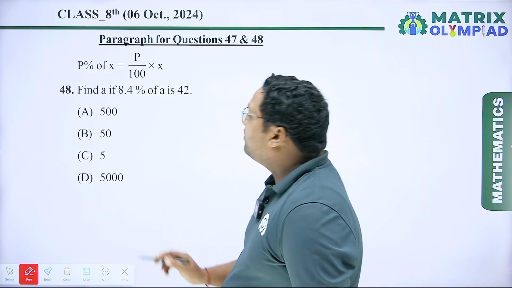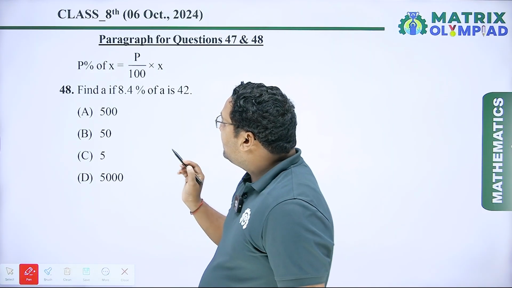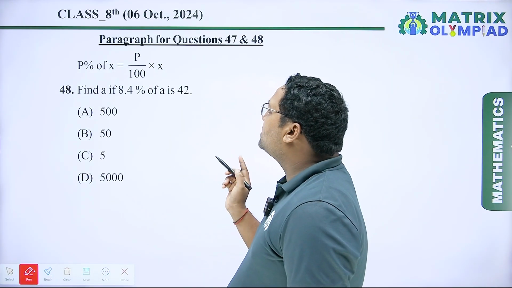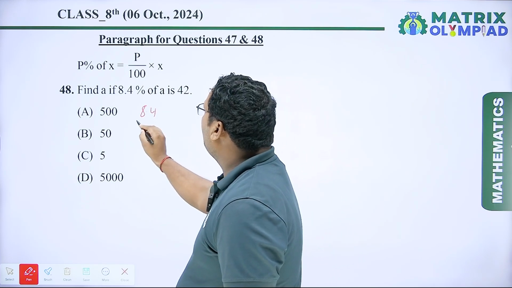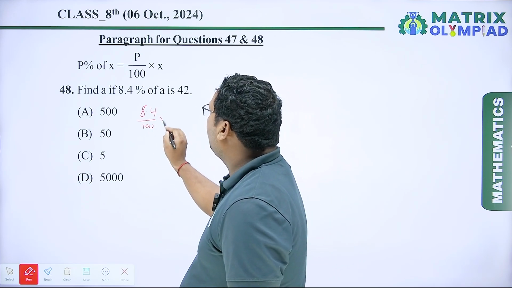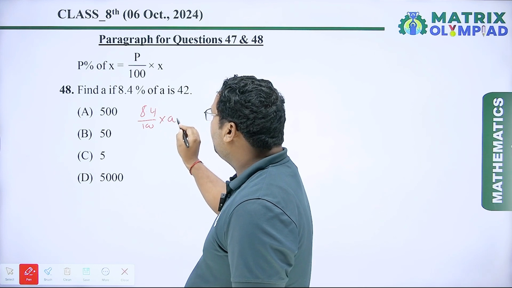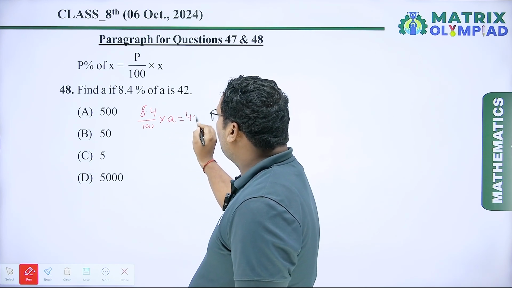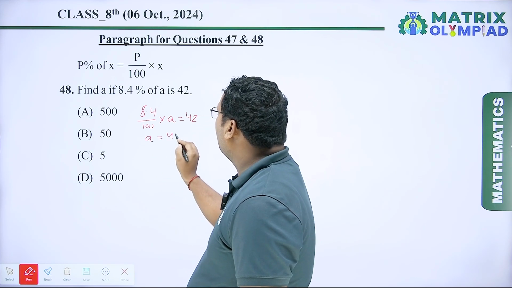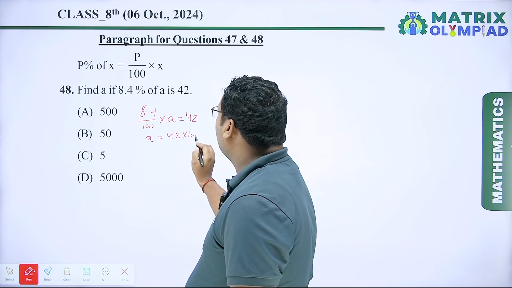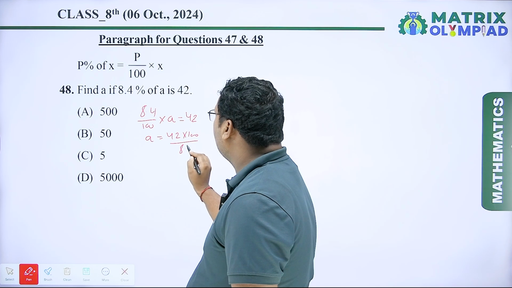Next, question number 48. Find A if 8.4% of A is 42. So 8.4 divided by 100, of means multiply, A is equal to 42. So here we will get A equal to 42 into 100 upon 8.4.